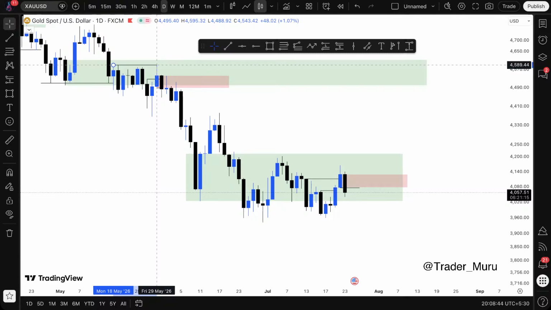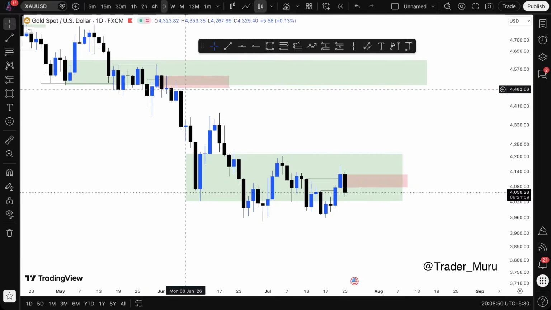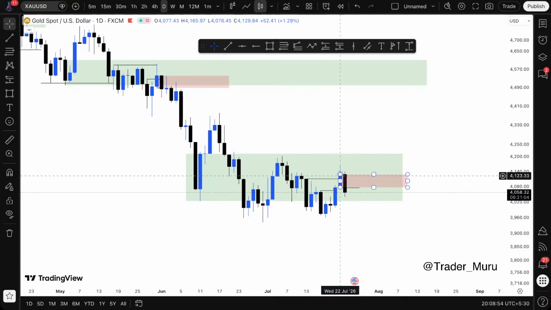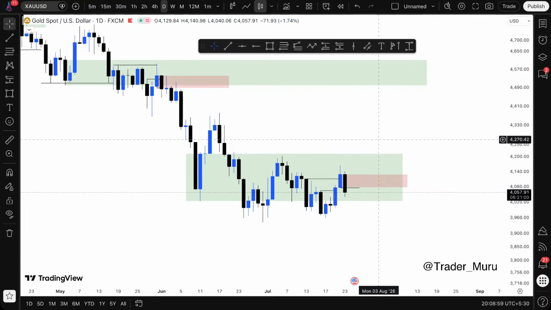Price is sweeping that weekly high on a daily shift and then changing direction again. Same thing. Price is sweeping that high in daily shift. Now it's changing back to bearish.